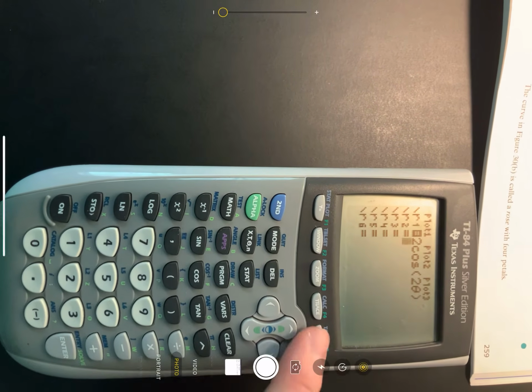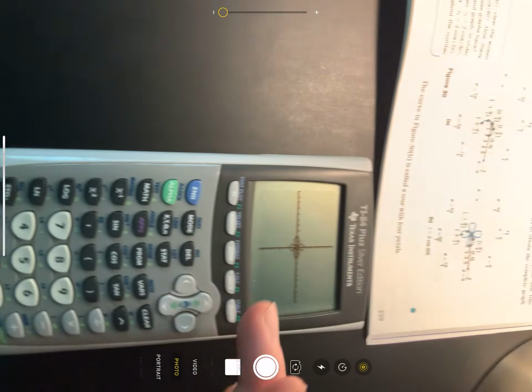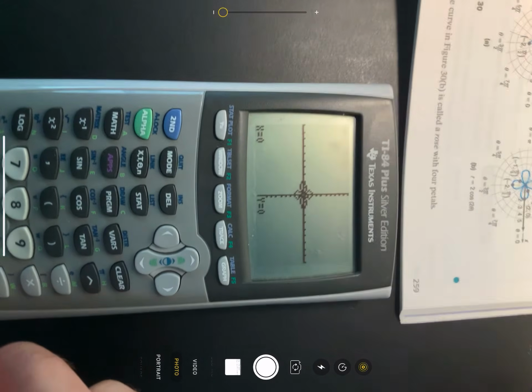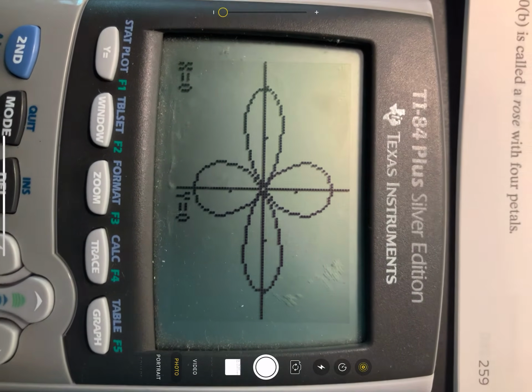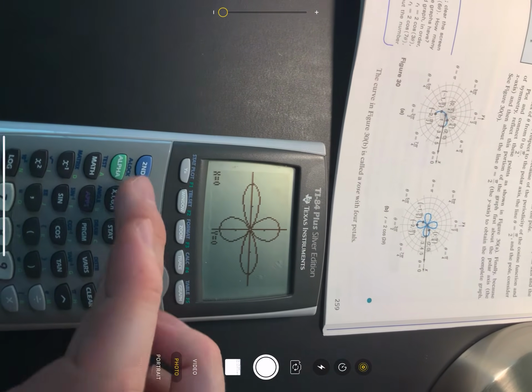I hit enter, and now I'm going to go to graph, and you can see how it graphs. Now it's kind of hard to tell, so maybe I can zoom in a little bit, and it looks better now. Okay, so that's what's going on there.